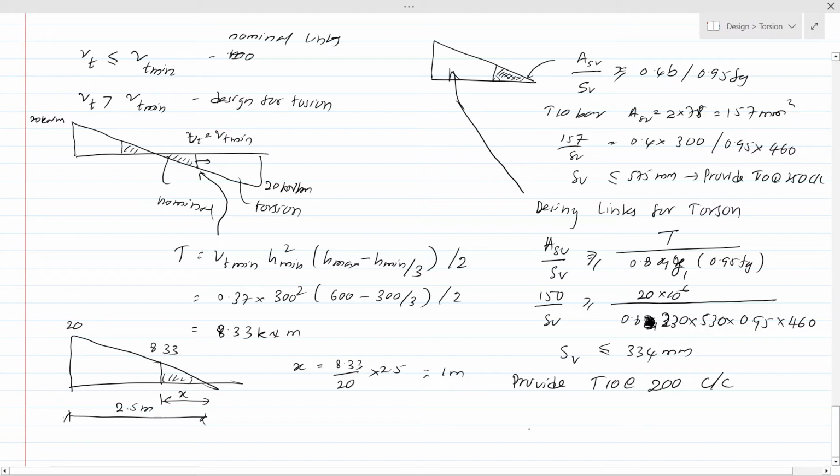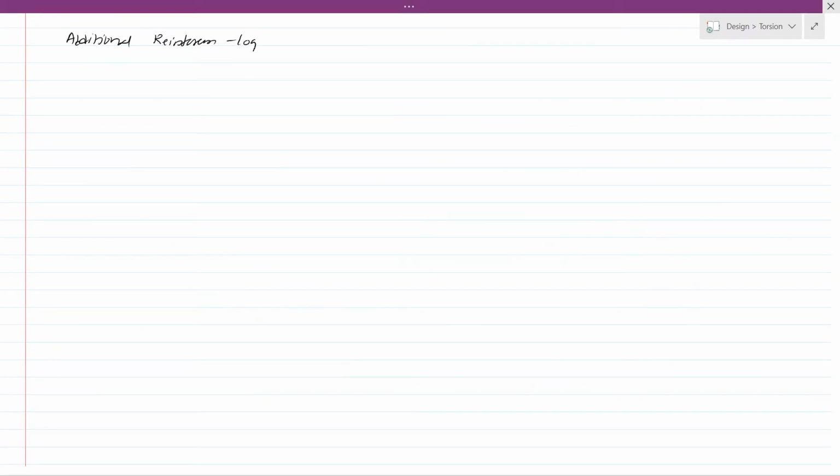Additional longitudinal reinforcement can be calculated from the following equation, that's also given in the standard: As greater than Asv fyv (x1 plus y1) divided by Sv fy. Asv is the reinforcement bar area 157, fyv is 460, x1 is 230, y1 is 530, which we have already calculated.